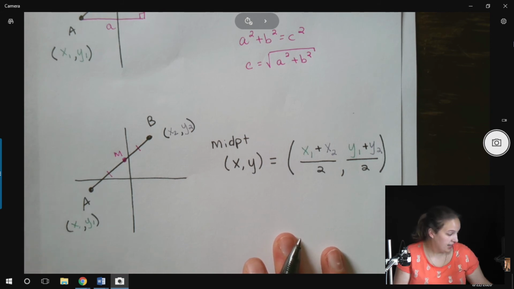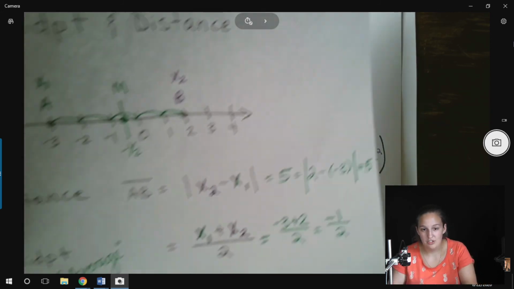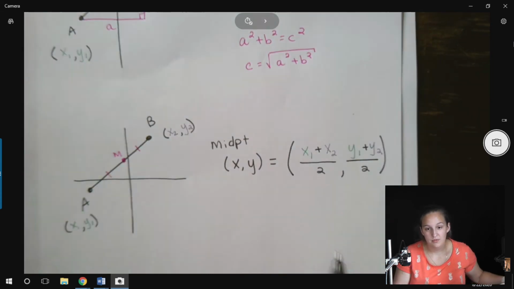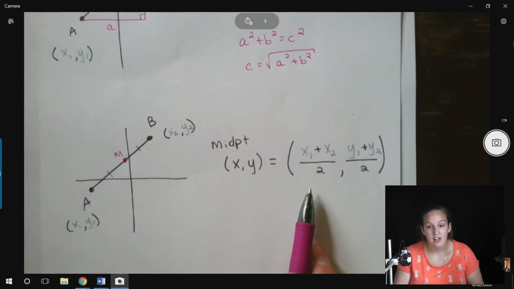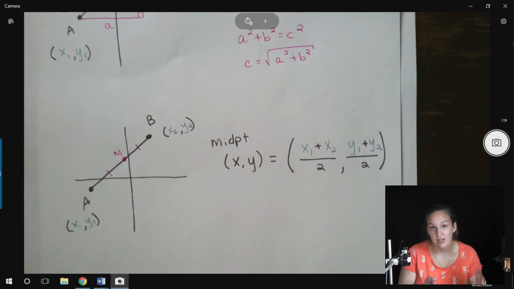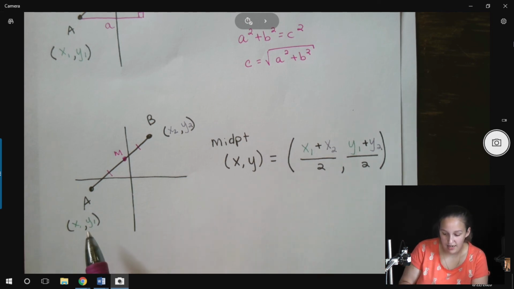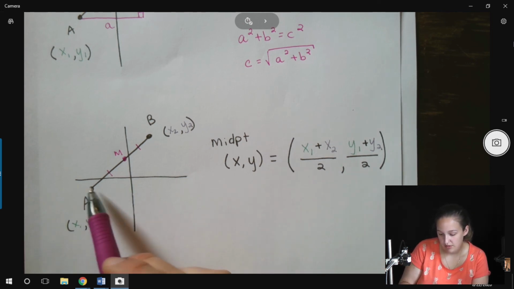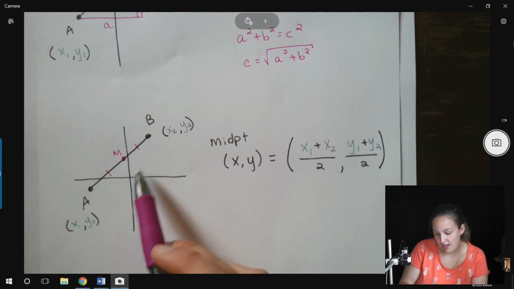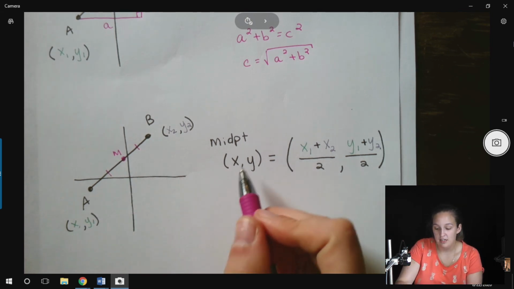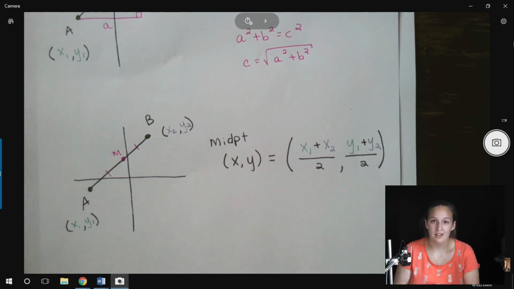Just like with our other equation over here, where we had the sum of the 2 divided by 2, you do the exact same thing here, but you do it separately for each point. So you do the sum for the x coordinates and the sum for the y coordinates. You would find where the x's are halfway and where the y's are halfway. Put those 2 together and that is your new xy coordinate.